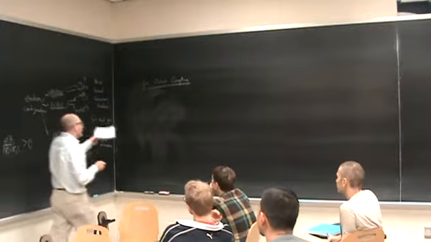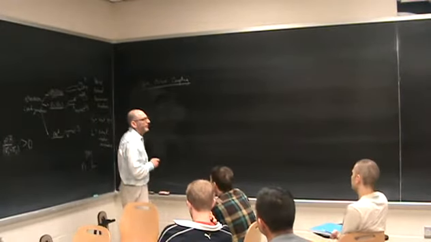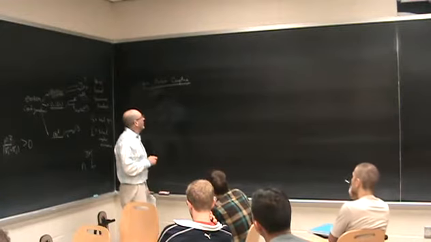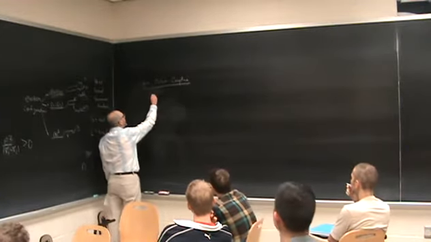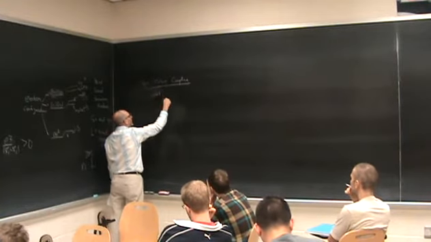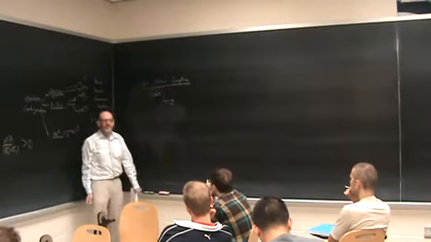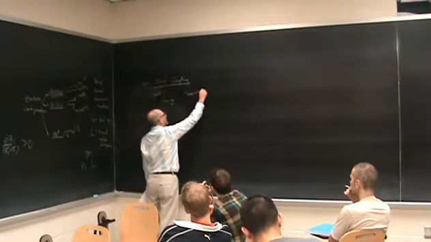So let me just say, just to get the notation right here. What one would typically write is the following: 2S plus 1, L, J. That's what's called term notation.